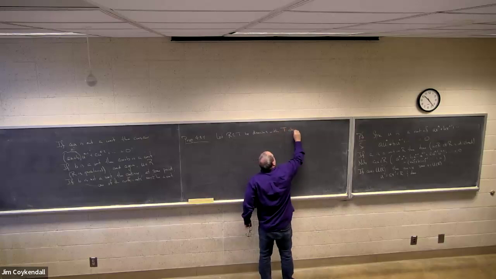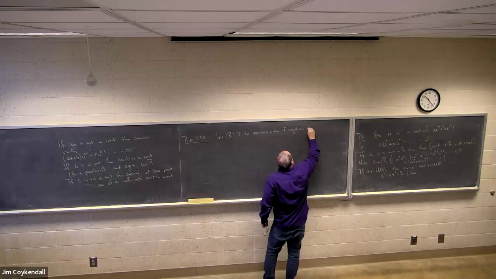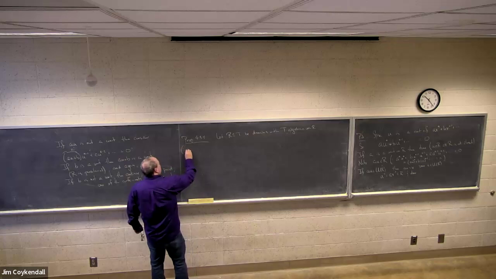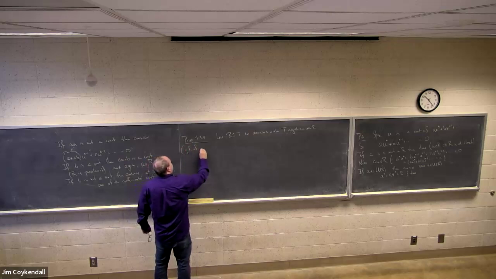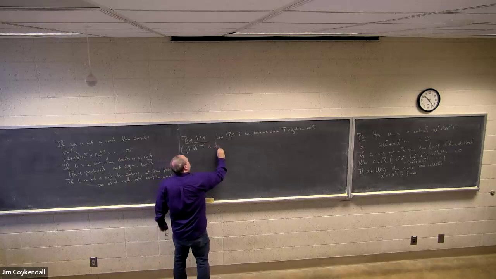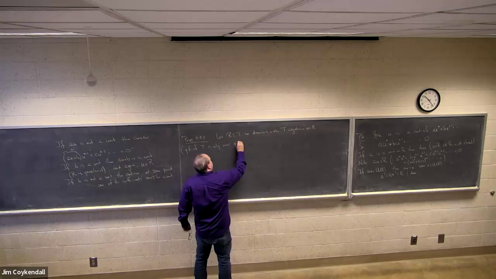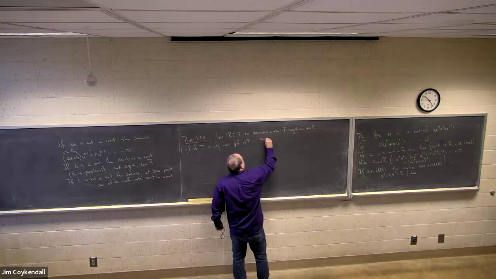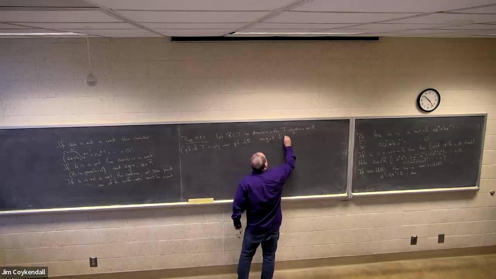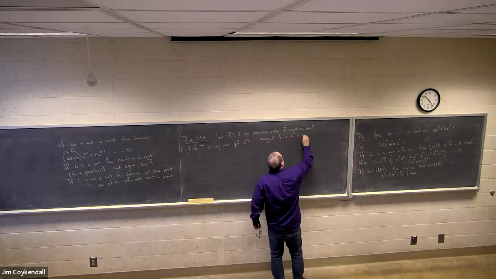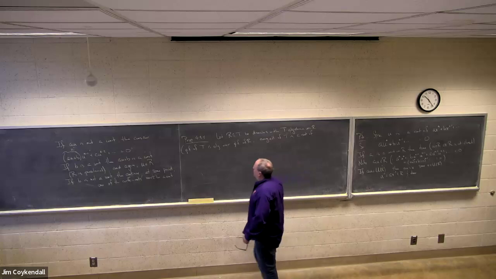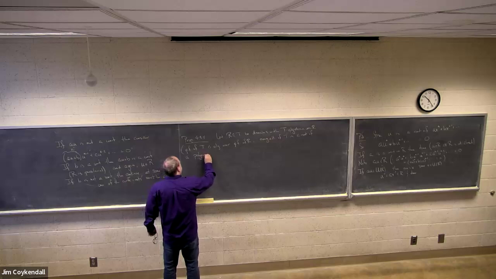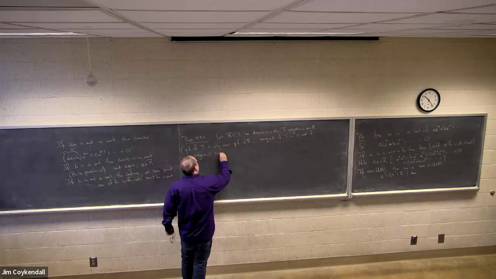T algebraic over R, so you can interpret that to be the quotient field of T is algebraic over the quotient field of R, or equivalently, every element of T is a root of a polynomial equation, well, we need to say a polynomial over R.